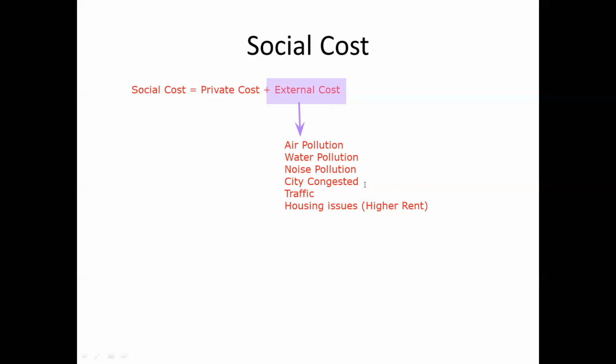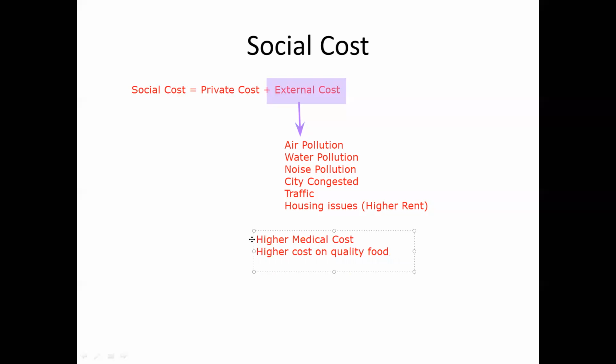So when there is air pollution, water pollution, noise pollution, and a congested city, what happens? There is higher medical cost. To build up immunity, higher cost on quality food, because people have to eat quality food to improve their immunity.